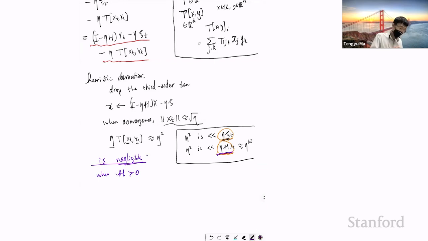So basically, if in some direction H is 0, then eta h xt is just 0 in that direction, and then eta squared becomes the largest update.